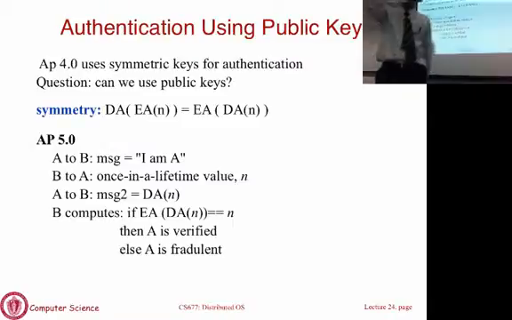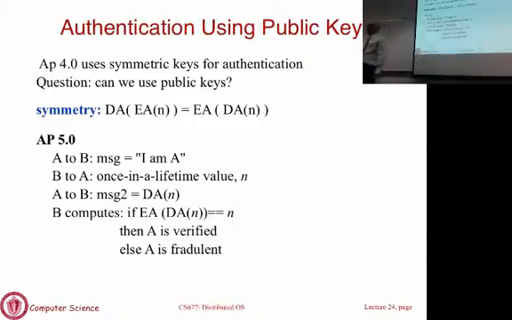Now you can also do authentication using public key cryptography. This is also very common. This is how it works. You send a message saying I'm Alice. Bob sends a once-in-a-lifetime nonce, saying here is a challenge, you prove to me you are Alice. Alice takes her private key, only known to Alice, encrypts that nonce, and sends it back. Bob knows Alice's public key.